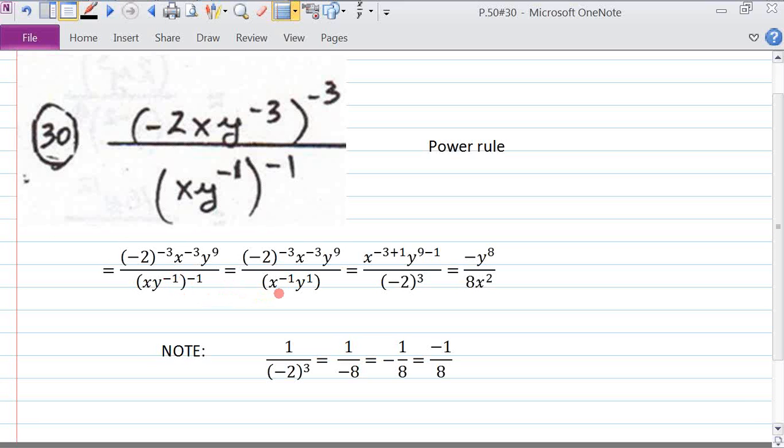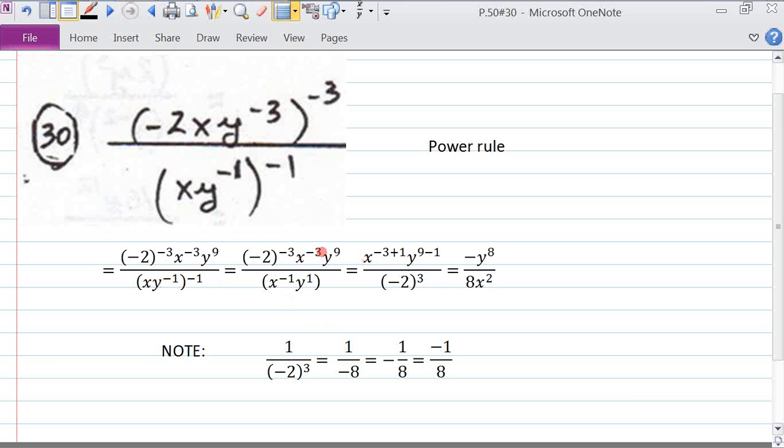Minus 1 times minus 1 gives me y to the 1. So I've used the power rule first in going from here to here, and then in going from here to here. Now what I'm going to do is collect the x terms.